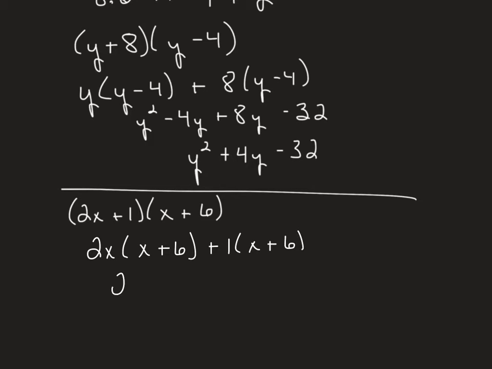And we get 2x squared plus 12x. Notice I'm distributing, I'm multiplying each of these terms by 2x, plus 1 times x, plus 1 times 6, combine like terms.